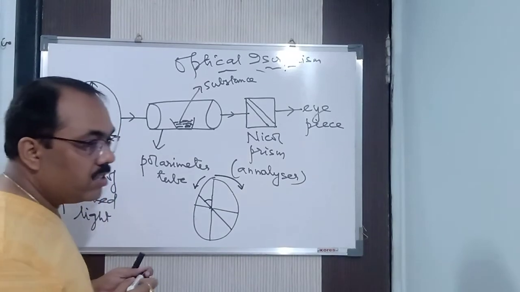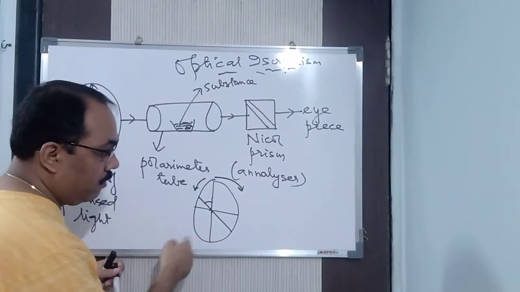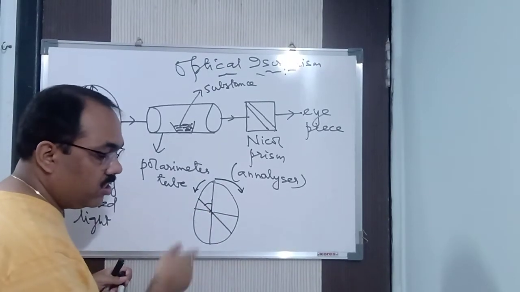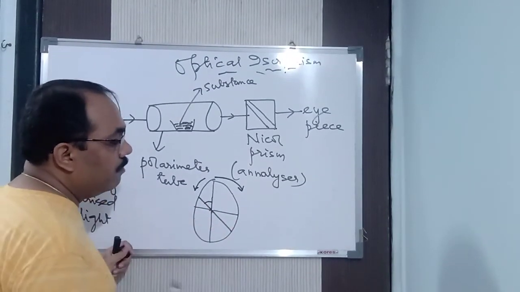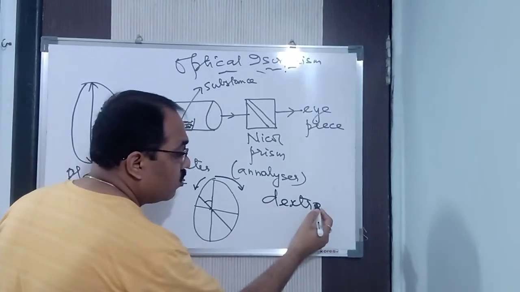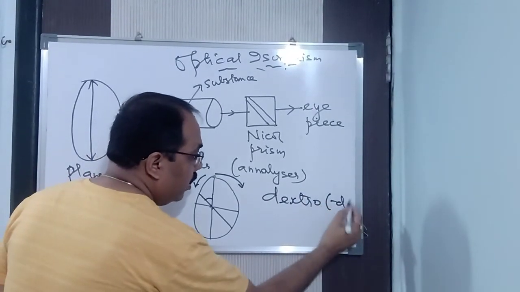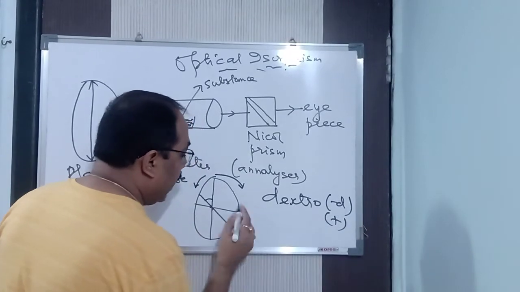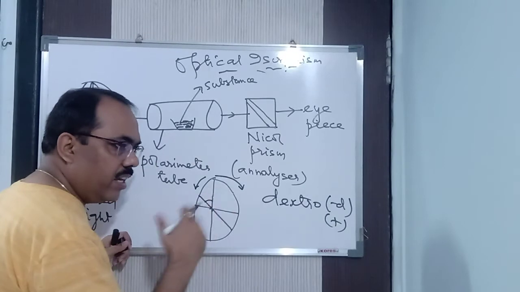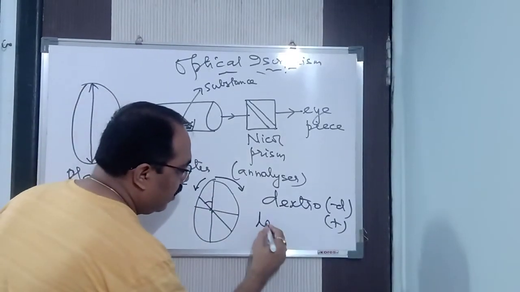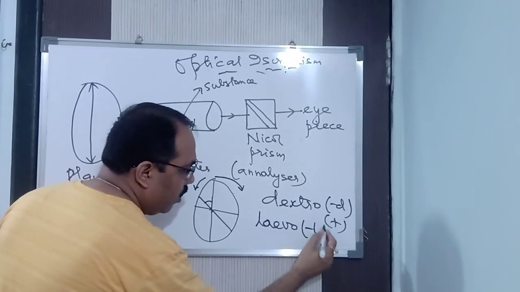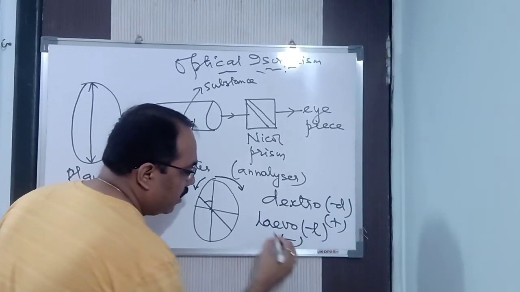Listen carefully: on rotating towards right, if you see this sharp line making an angle, then the compound is said to be dextrorotatory, denoted with letter small d or plus sign. And if on rotating towards left you see this sharp line, then the compound is said to be levorotatory, denoted by small l or minus sign.